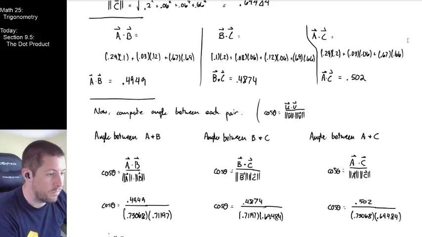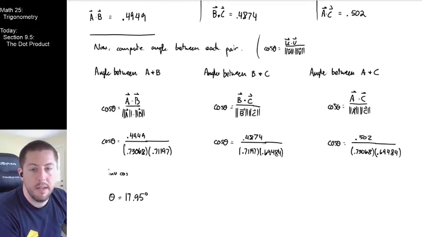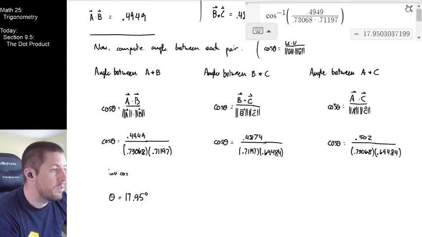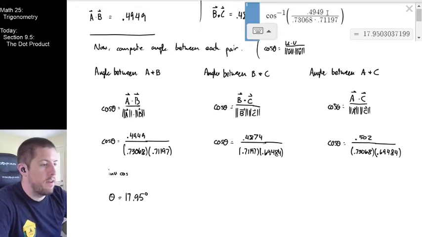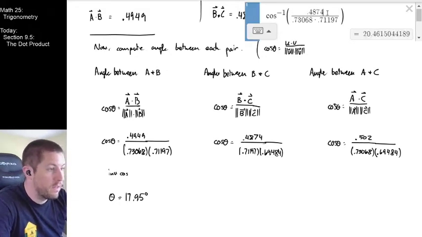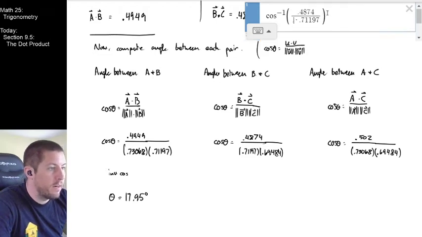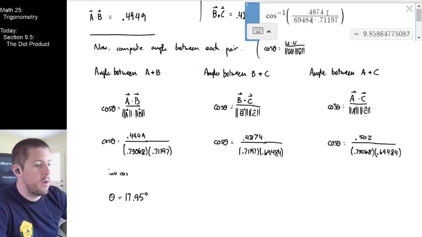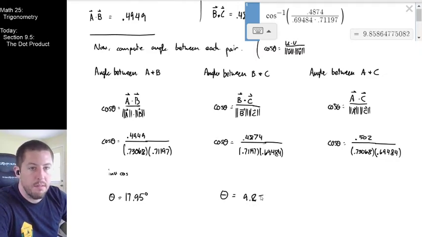All right. So let's go back to our calculator here, find some more angles, and conclude our final answer. So back over here, I'm looking at cosine inverse of 0.4874. The one that stays the same is the 0.711, but now I want the 0.69484. And so I'm getting a much tighter angle between B and C here. Here I'm getting my theta to be just 9.8586 degrees.